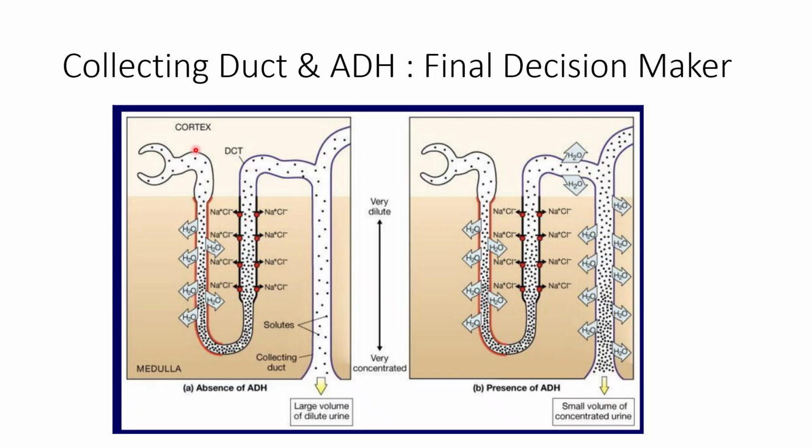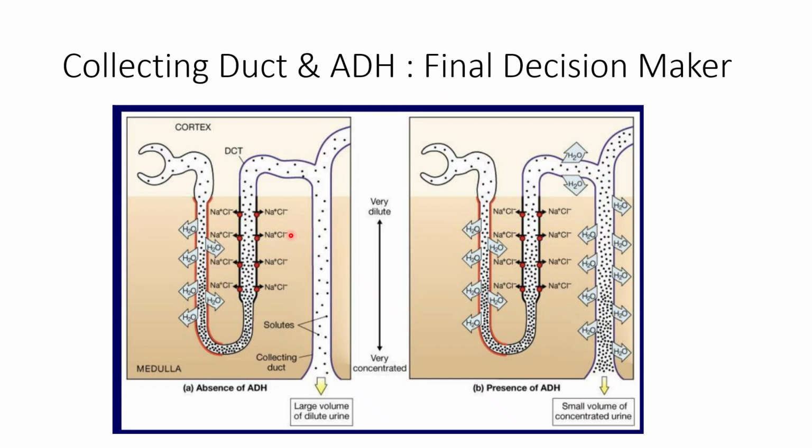In the collecting duct are the receptors for ADH, antidiuretic hormone. ADH is released by sensing the osmolarity. There are osmosensors inside the hypothalamus, and based on the osmolarity, ADH is released. In case the osmolarity is too high, that means the body needs to conserve water.